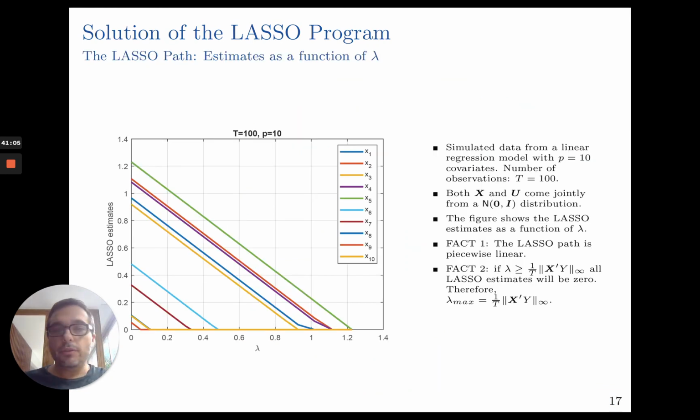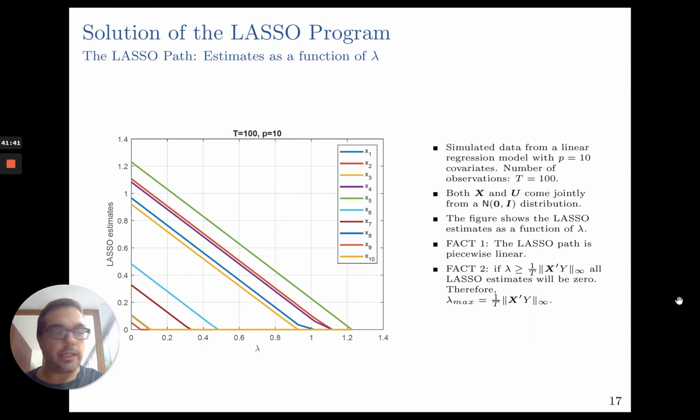All right, we can also look at what we call the lasso path. I have presented a similar picture for the ridge, and now I'm presenting it for the lasso. We have simulated data from a linear regression model with p covariates and t observations. We have 10 covariates and 100 observations, so this is pretty low dimension. Both X and U come jointly from a normal 0-1 distribution.